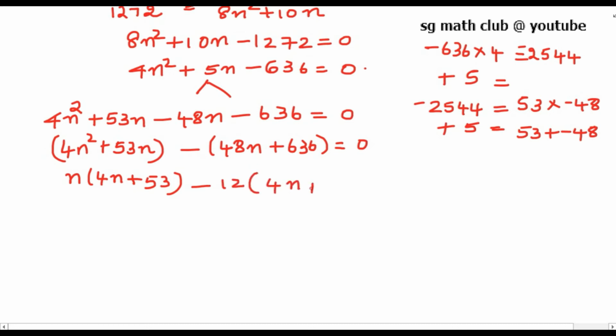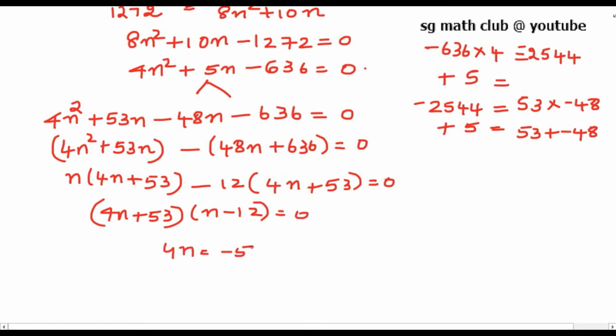So again 4n plus 53 equal to 0. So 4n plus 53 is the common term. Again n minus 12 equal to 0. So 4n equal to minus 53. N equal to minus 53 by 4.